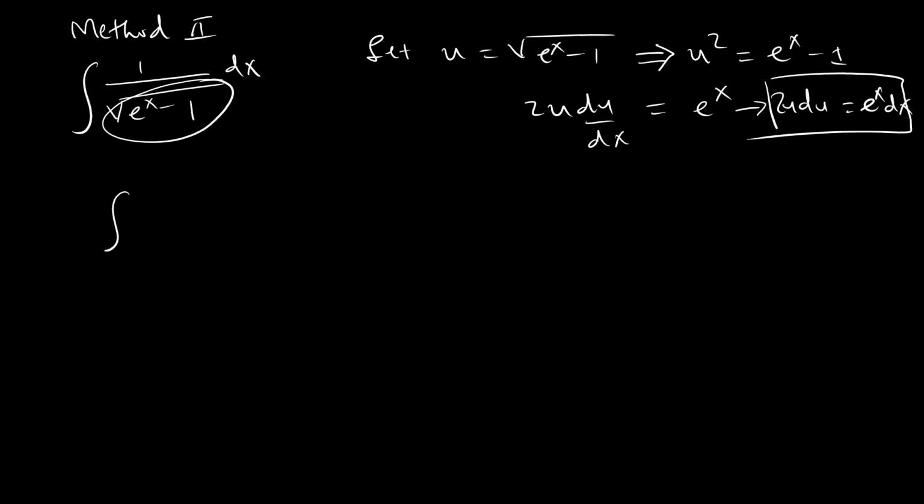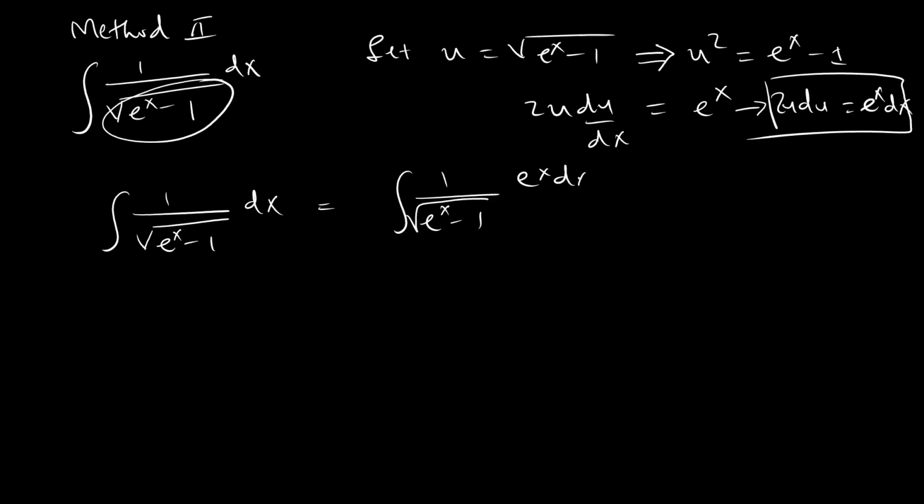And so this problem of ours can be now rewritten as e to the x dx over e to the x. And from here we see that e to the x is equal to u squared plus 1, right?